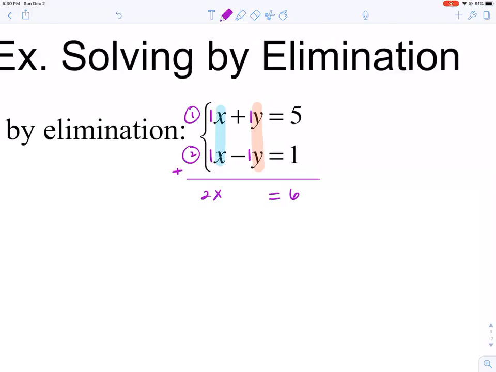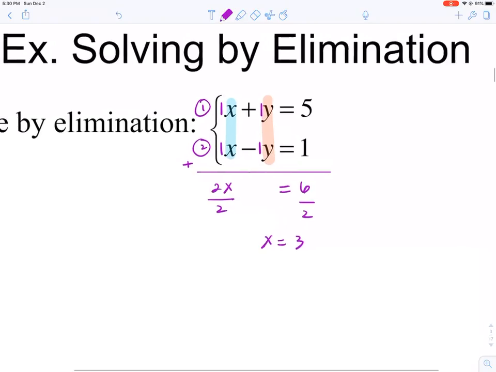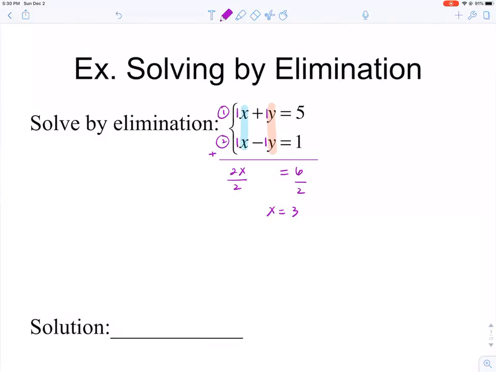Okay, so notice now we have an equation that has only one variable in it. So we can divide by 2 to finish solving this equation in order to get the value for x. So for the solution to this system, the x coordinate is going to be 3.